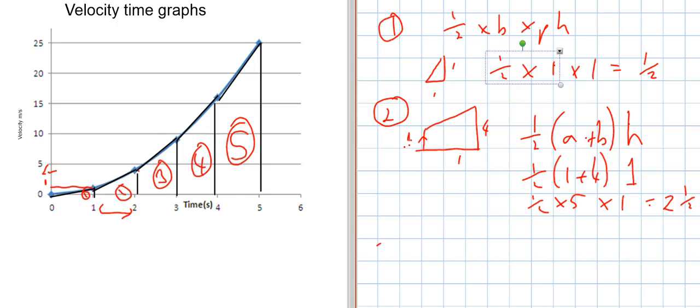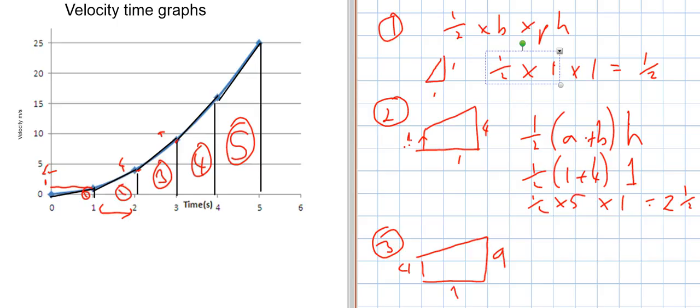Our section 3 again is a trapezium, which has a height of 4 on one side and 9 on the other side. So I'm going to draw out my sketch again of this section: 4 and the other side of 9, and the height between them is 1.